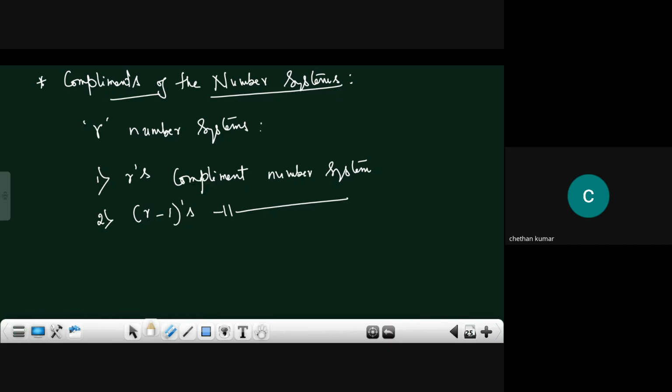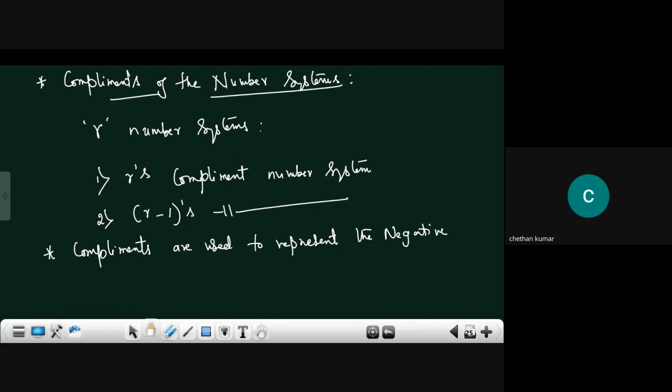So we can go for 1's complement and 2's complement. Mainly, complements are used to represent the what? Negative numbers.